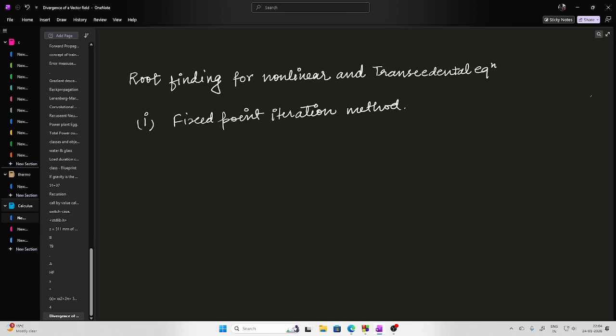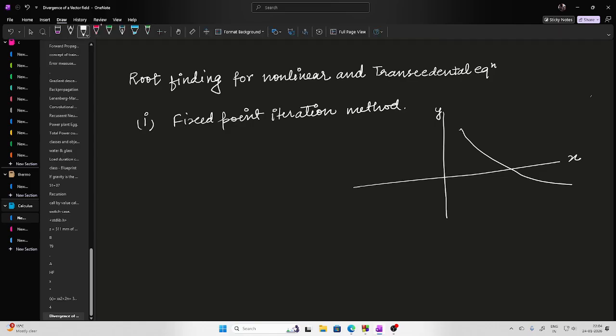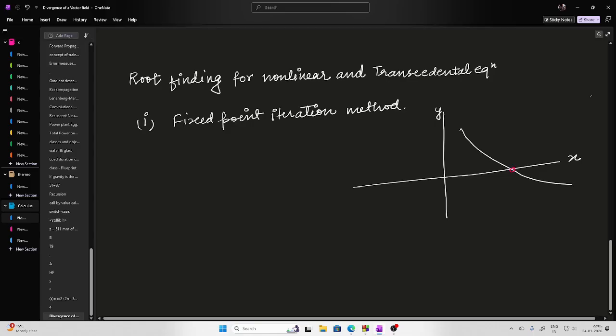Now this comes in the category of bracketing techniques. What is a bracketing technique? Let's say this is my function and this is y, and this function has the root here.